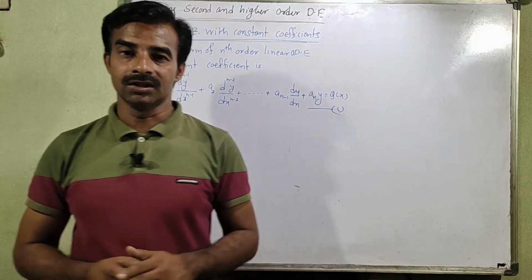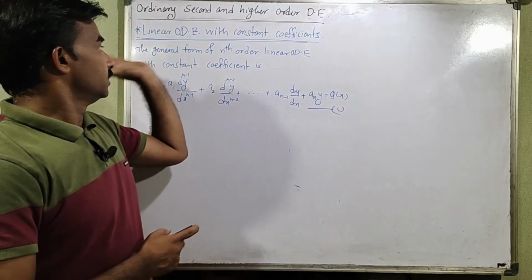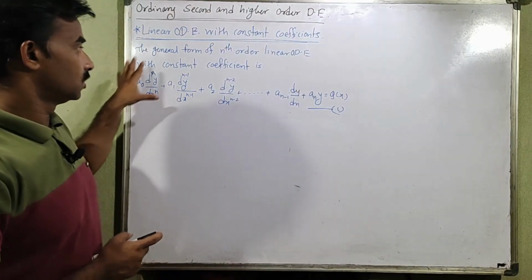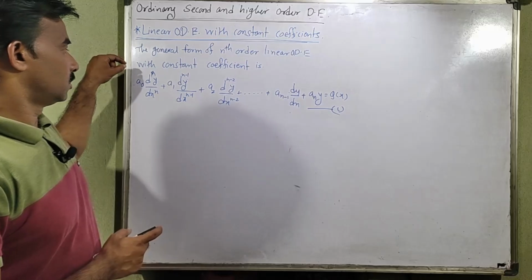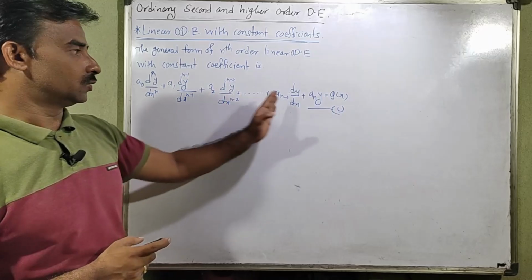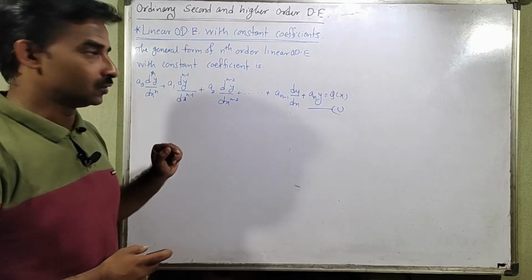MPSC and UPSC. In previous lecture we saw what is the linear ordinary differential equation with constant coefficients, and this is your nth order linear ordinary differential equation with constant coefficients, where a0, a1, a2, ..., an minus 1, an are constants, where a0 is not equal to 0.